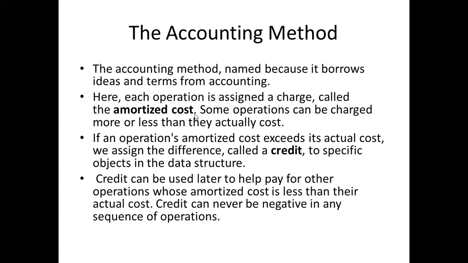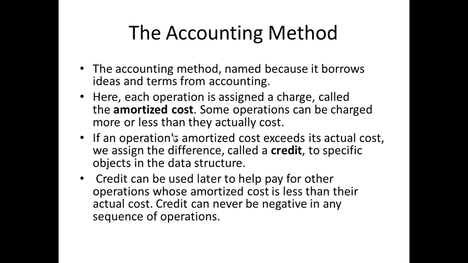Some operations are charged less than the actual cost. If an operation's amortized cost exceeds its actual cost, we assign the difference, called a credit, to specific objects in the data structure.